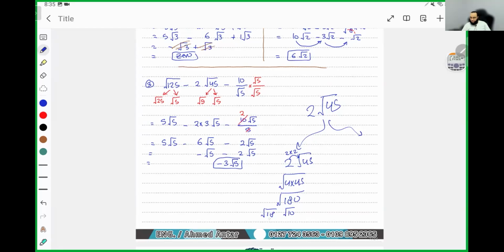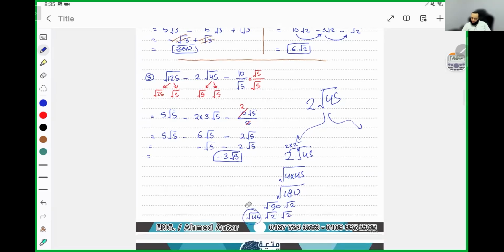So 18, you're going to decompose it into 9 by 2 by 10. Or you can do it like root 90 by root 2. Root 90, which is root 9 times root 10. Sorry, we can do it root 45 times root 2 times root 2.